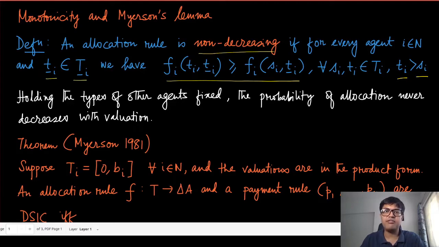It is saying that if an agent had a type of s_i, and it increases its type to t_i, the probability with which it was getting that object can just weakly increase. That is the meaning of a non-decreasing allocation rule. Any allocation rule that satisfies this property is called a non-decreasing or monotone allocation rule.